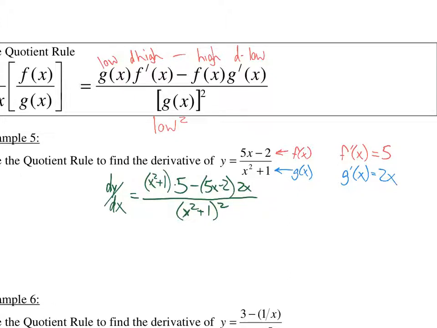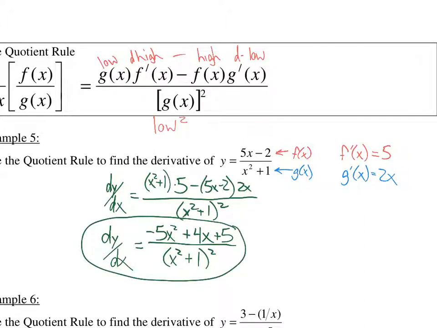We've got a 5x squared minus 10x squared, so that's a negative 5x squared, plus 4x, sorry, plus 4x plus 5, all over x squared plus 1 squared. And that's our final answer. You can try to factor the numerator, but whether it factors or not, it's not going to give us anything that will cancel with something on the denominator. So we could just stop there.